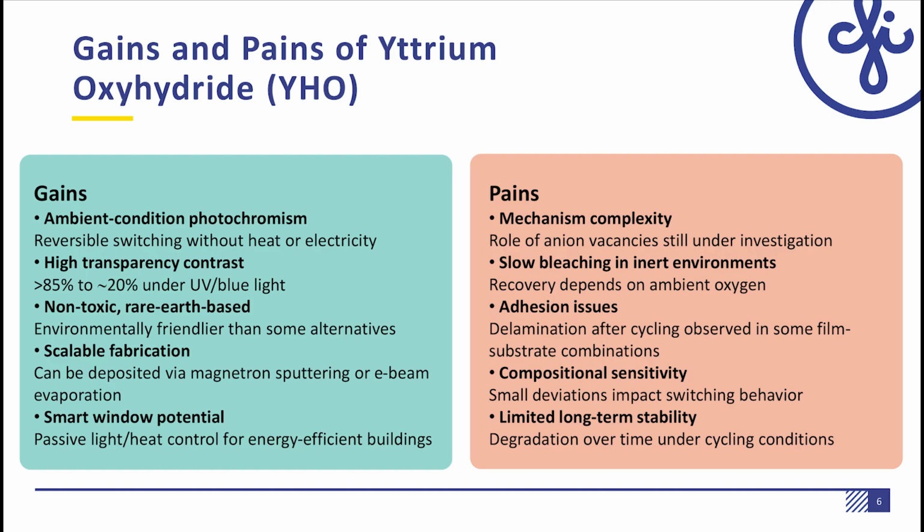For example, it is quite normal to observe delamination of thin films from the substrates during many cycles. The material is also very sensitive to composition. Small changes can affect performance, and long-term stability under repeatable switching still remains a big concern.